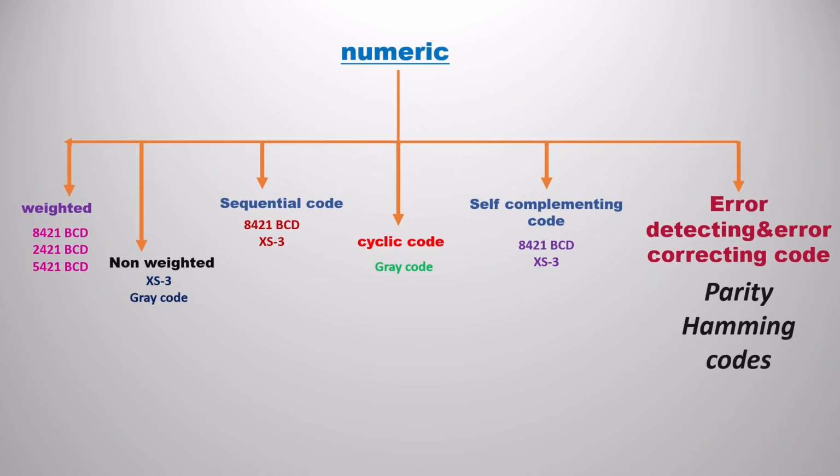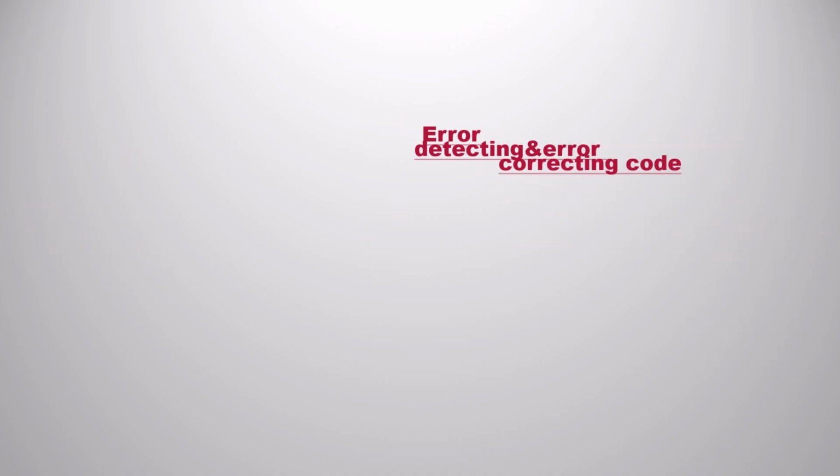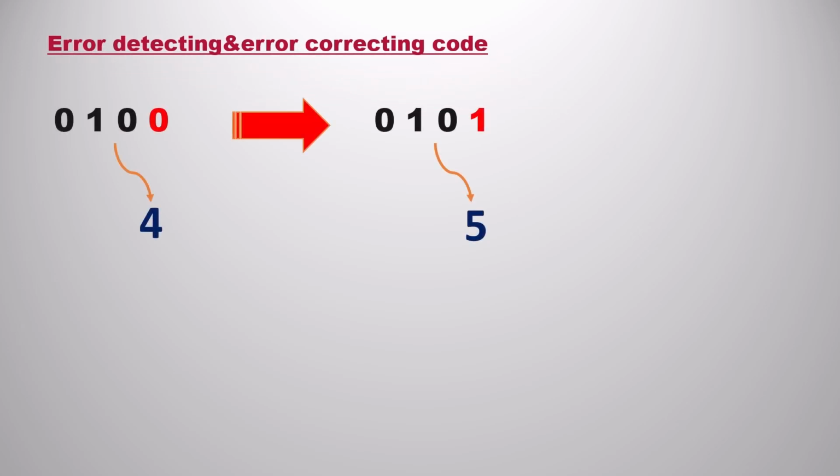And the last one in this numeric type is error detecting and error correcting code. In these two, we have examples, that is parity and Hamming codes. So what is meant by these things? Let's see with an example. Here we have an example, 0 1 0 0, that is 4. If the computer or any device has some noise, the computer signals may be disturbed.